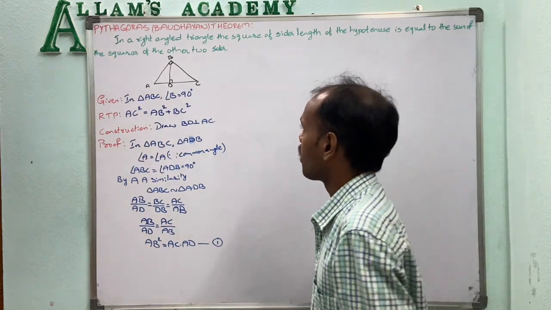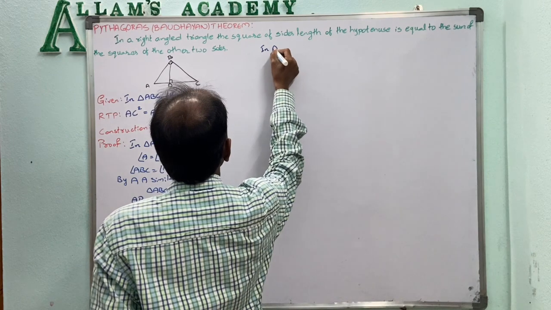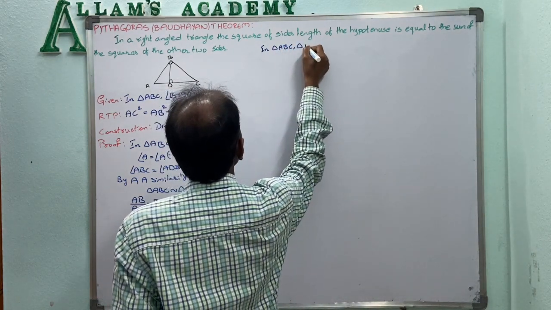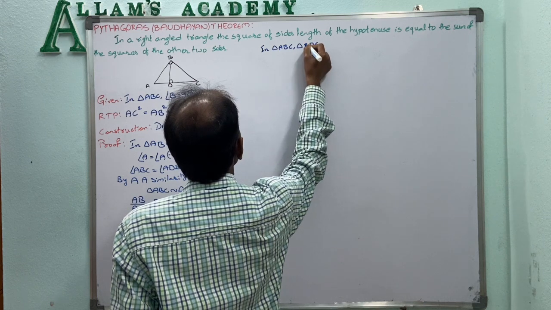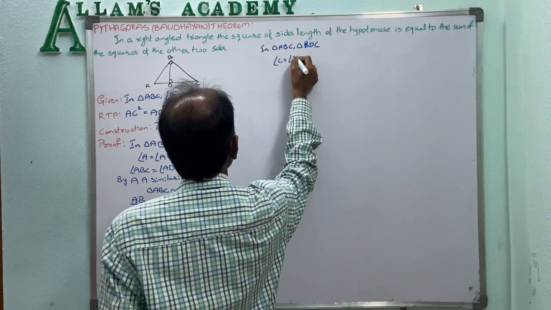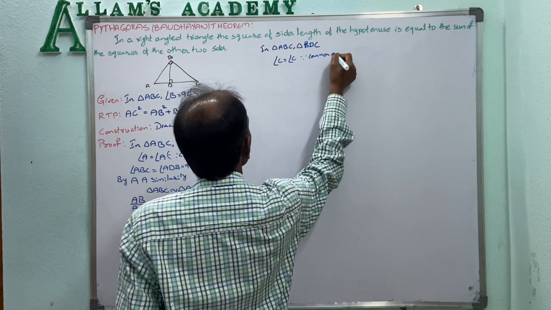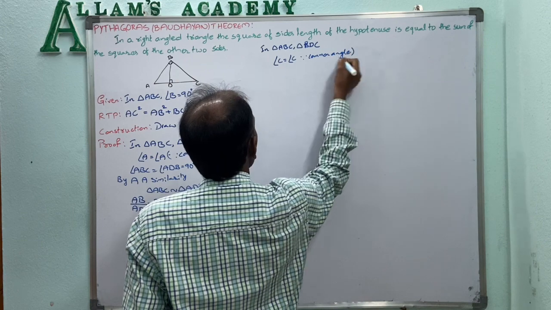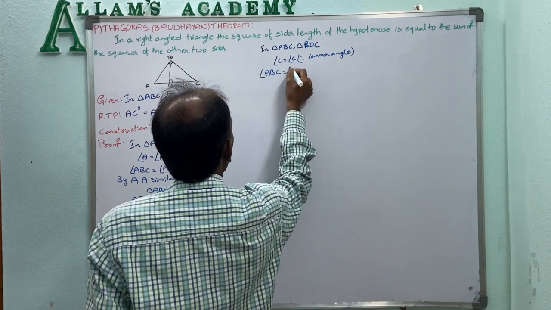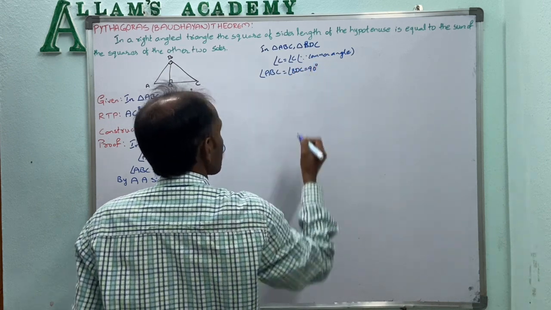Now we apply the similar triangle rule in triangle ABC and triangle BDC. In these two triangles, angle C is the common angle, and angle ABC and angle BDC are 90 degrees.